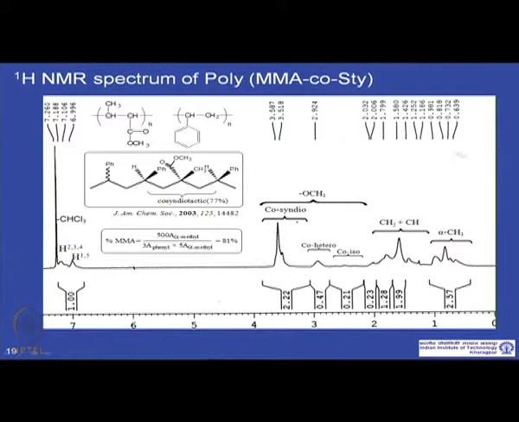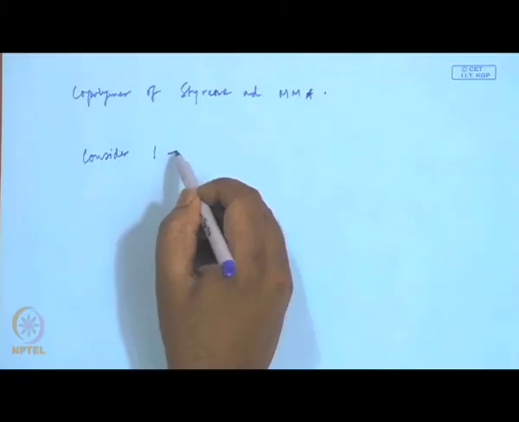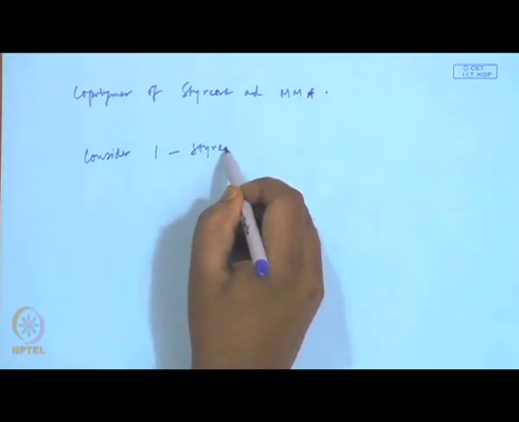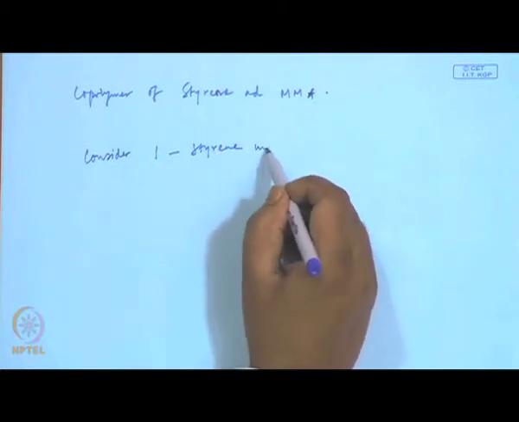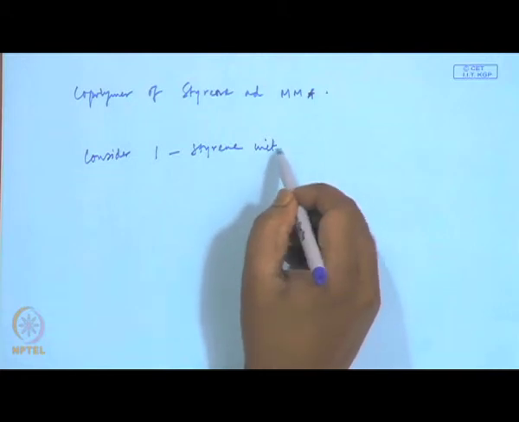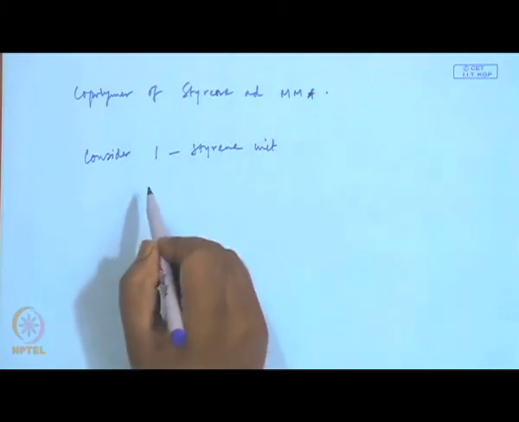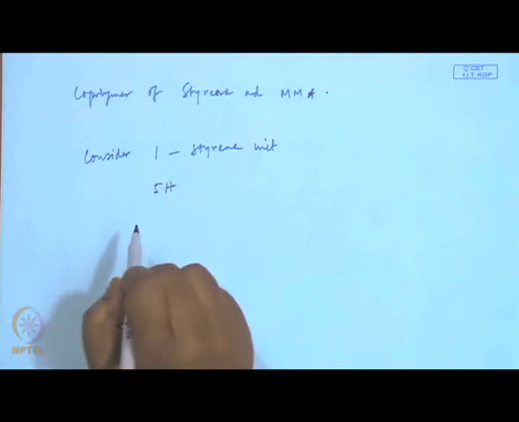So, how does this spectrum help us? This spectrum can give us an idea about the composition. For example, if we talk about this 5 hydrogen, so if I just consider that you have one styrene molecule, one styrenic unit rather, in the polymer backbone, it has 5 hydrogens.